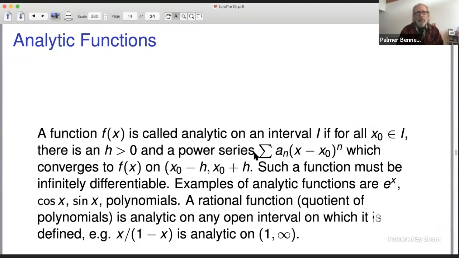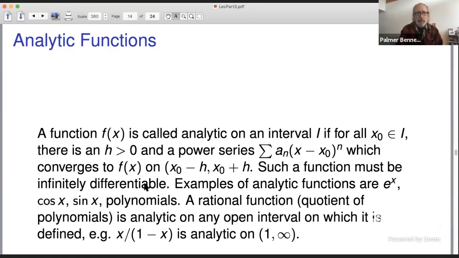Since the power series is infinitely differentiable, such a function must be infinitely differentiable. It must have all its derivatives. But that's not enough, it needs more than that, but having all its derivatives is a consequence of the function being analytic.